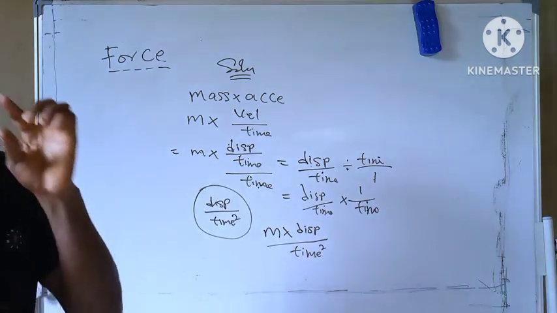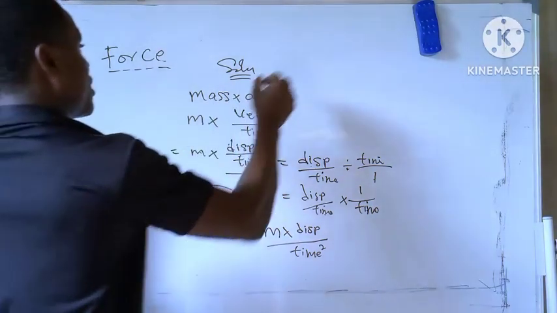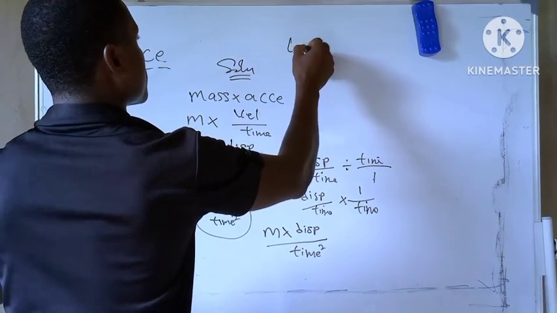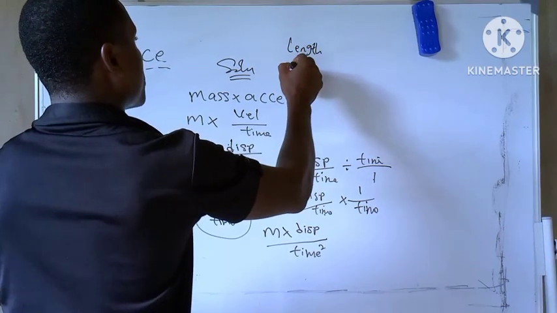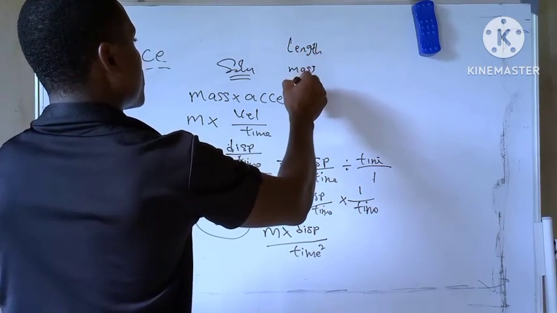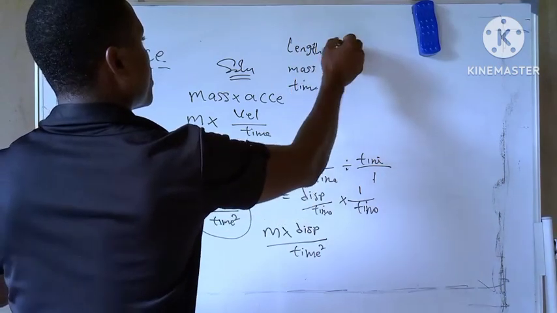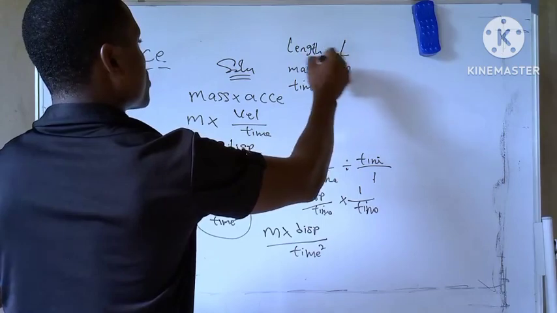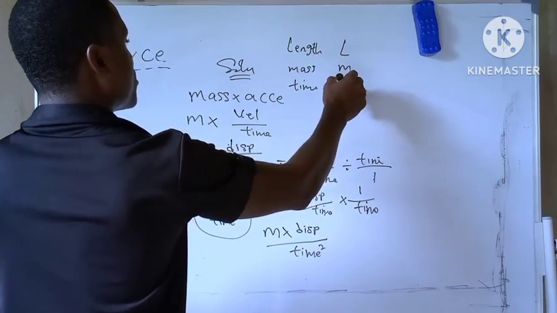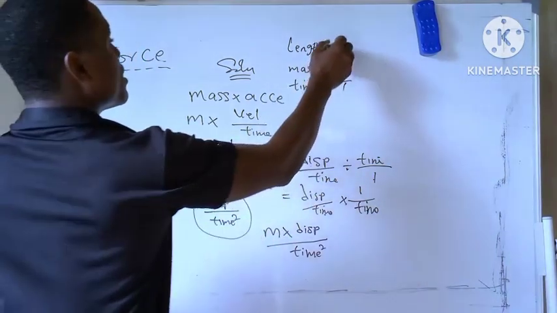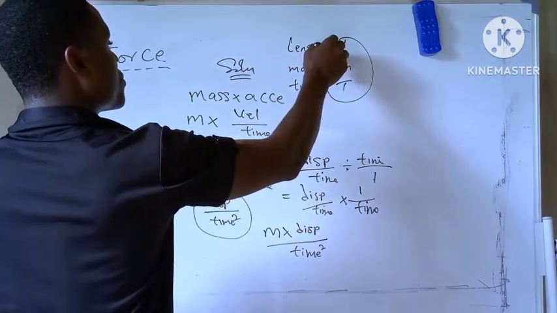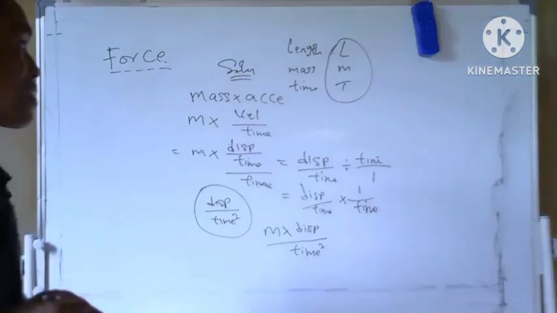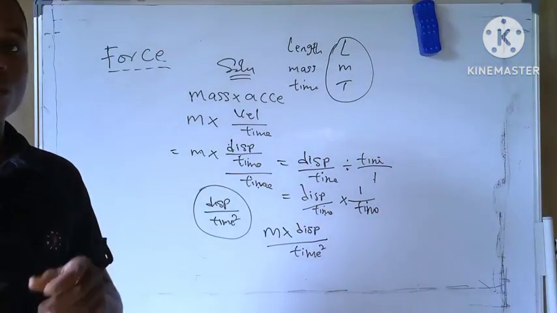Those approved 3 quantities are length, mass, and time. L is the symbol of length, the symbol of mass is M, and the symbol of time is T. So these are the 3 approved physical quantities we are going to be using in writing down the dimension of any quantity in physics.